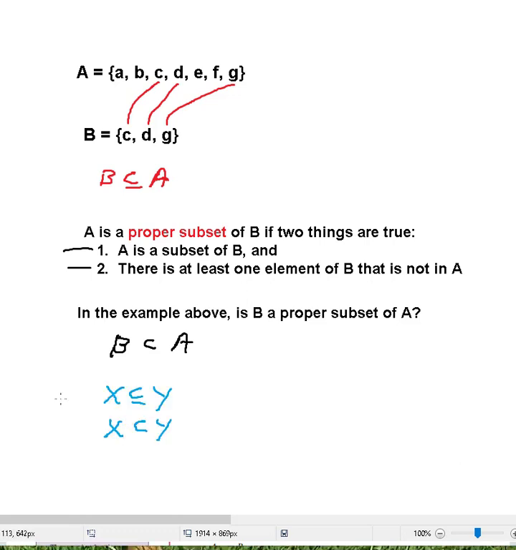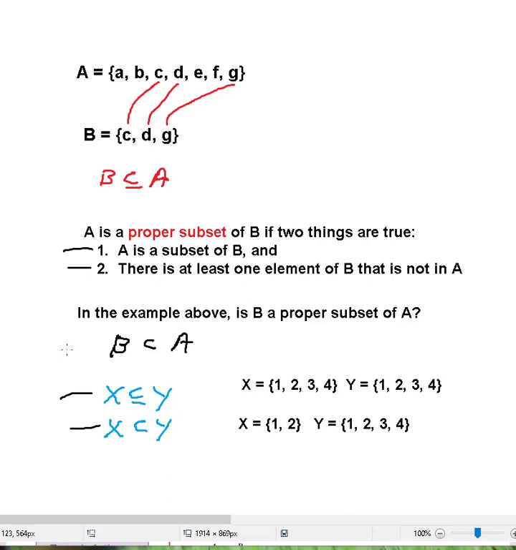This first notation says X is a subset of Y. The second one says X is a proper subset of Y. Well, what's the difference? Let's look at sets X and Y in the first case here. They both have the same elements. X is a subset of Y because everything that's in X is also in Y. But in this second case, set X has 1 and 2 in it, Y has 1, 2, 3, 4.